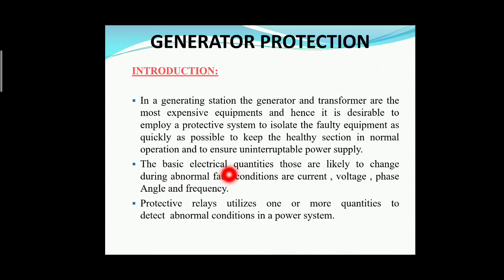The basic electrical quantities likely to change during abnormal fault conditions are current, voltage, phase angle and frequency. When these change, we observe the values and then disconnect the faulty equipment.